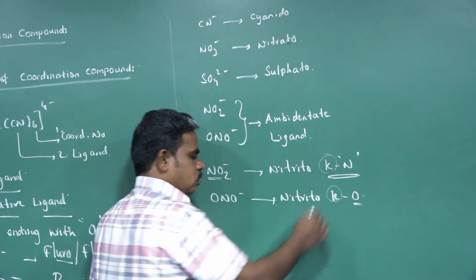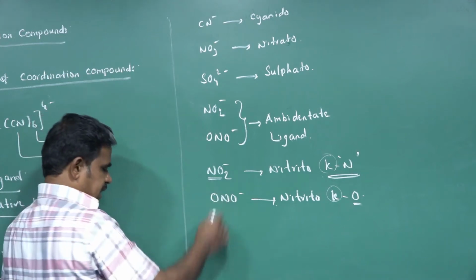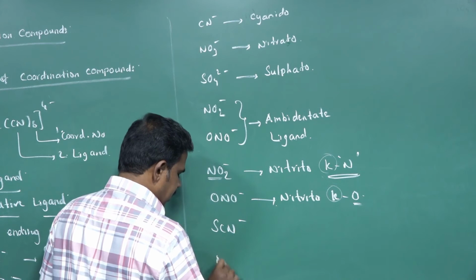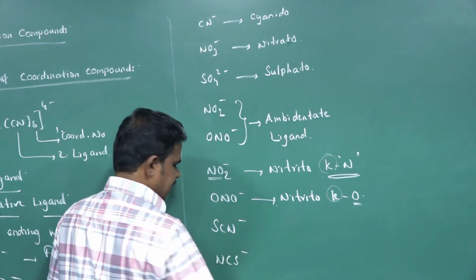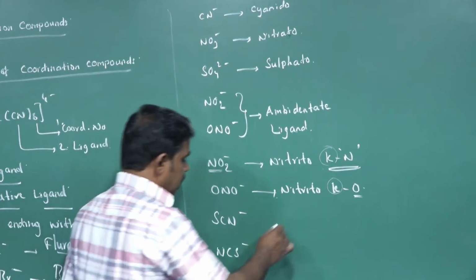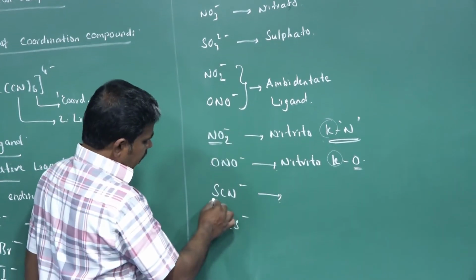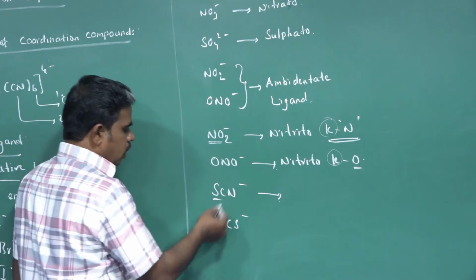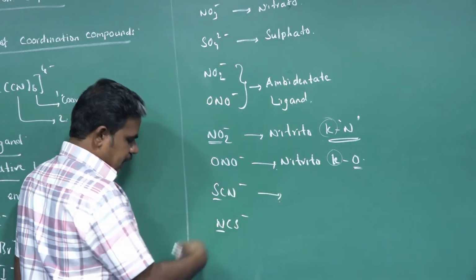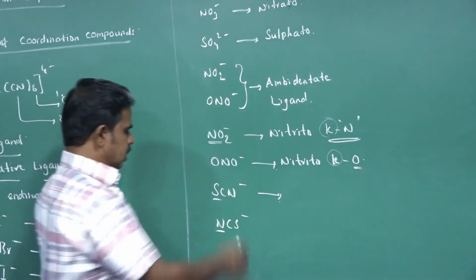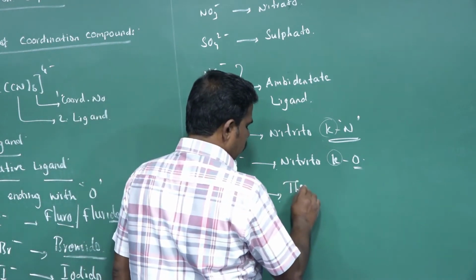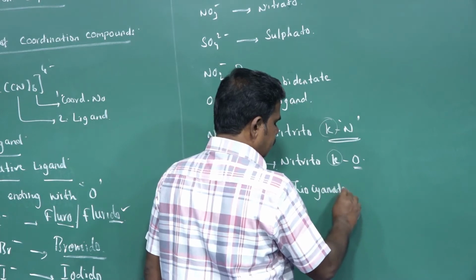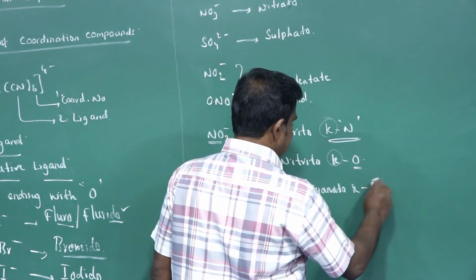Then we take the same, that is SCN minus and NCS minus. Which one makes a coordination bond with the central metal atom? Here it is sulfur, so kappa-S, and here it is nitrogen. So it is thiocyanate and kappa-S.